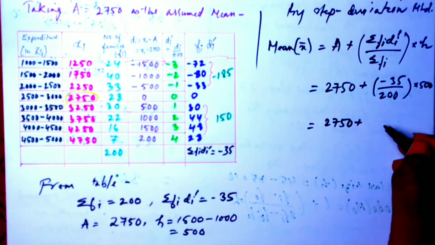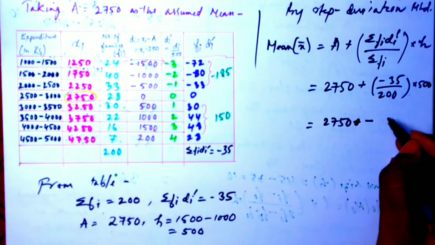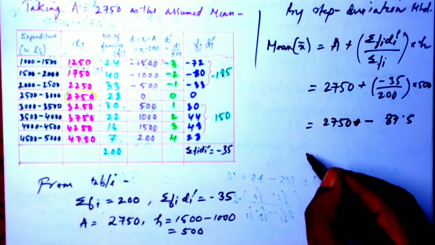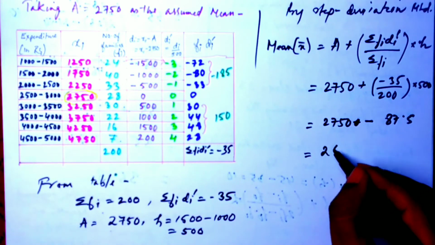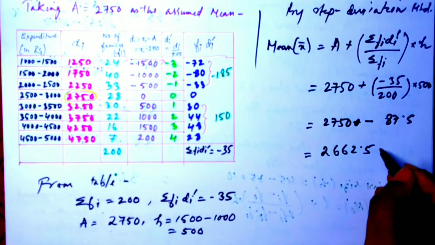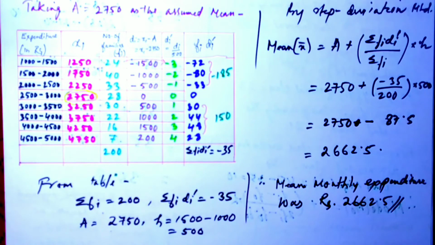After calculation we have plus into minus is minus, so it is 87.5. So after calculation we will have 2662.5. Therefore mean monthly expenditure was rupees 2662.50. This is our answer.